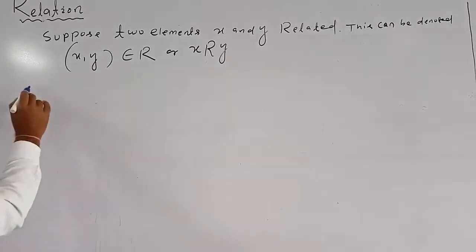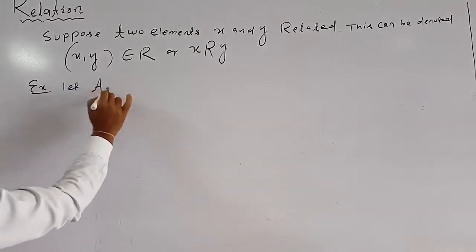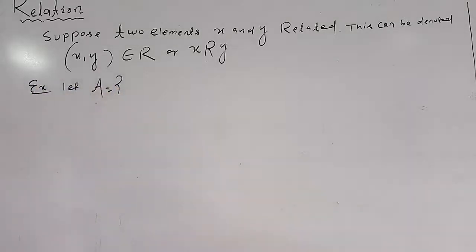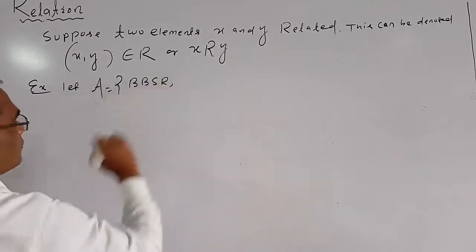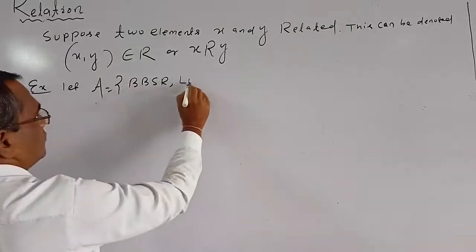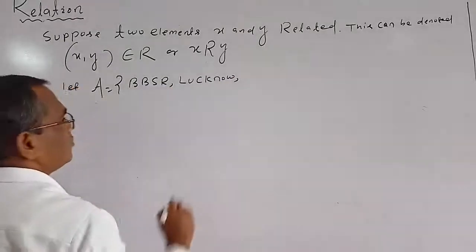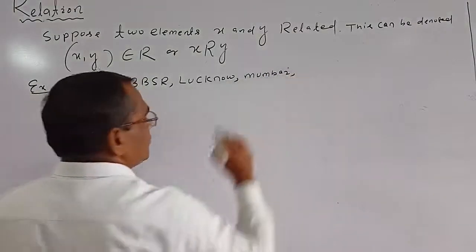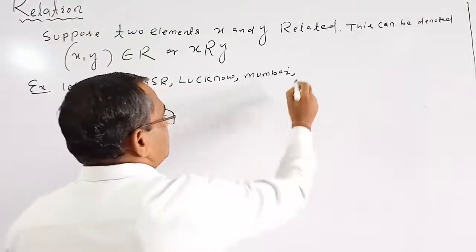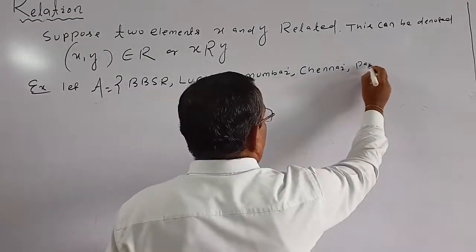For example, let A be equal to Bhubaneswar, Lucknow, Mumbai, Chennai, Patna.